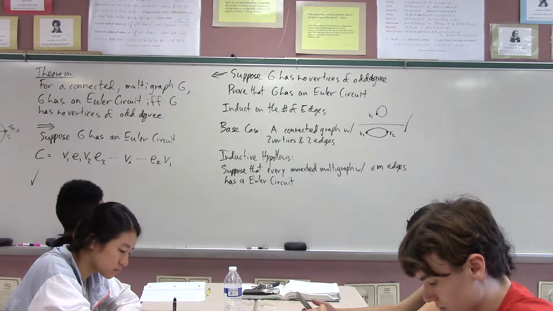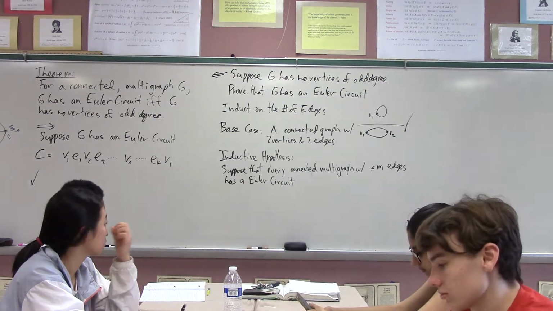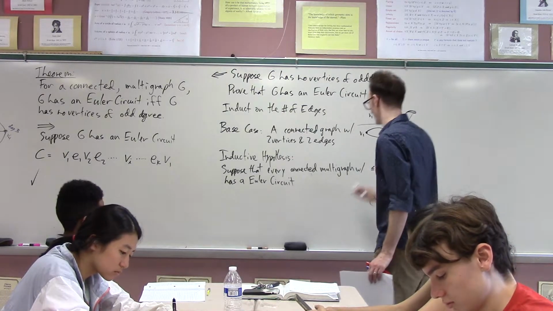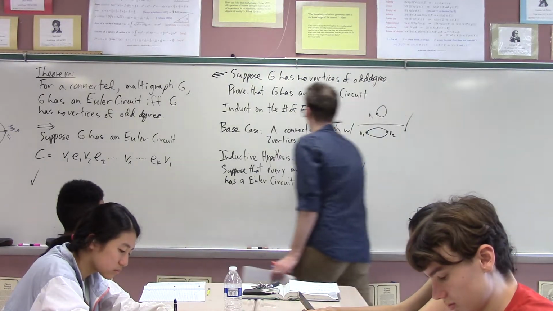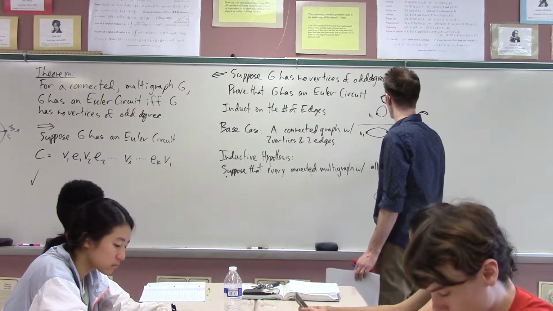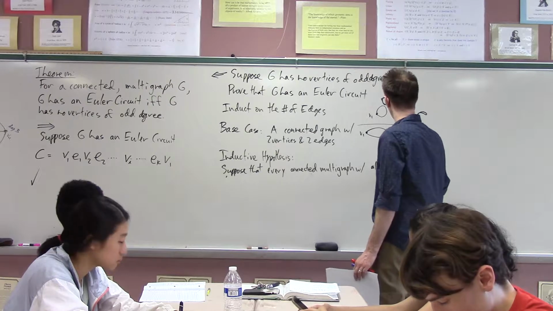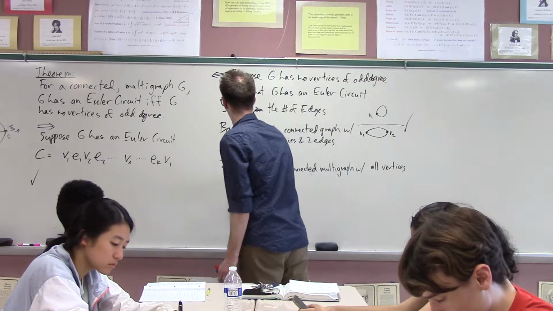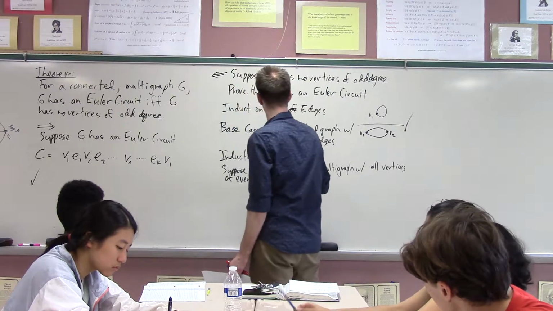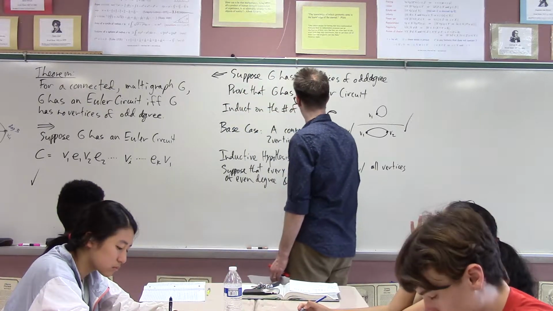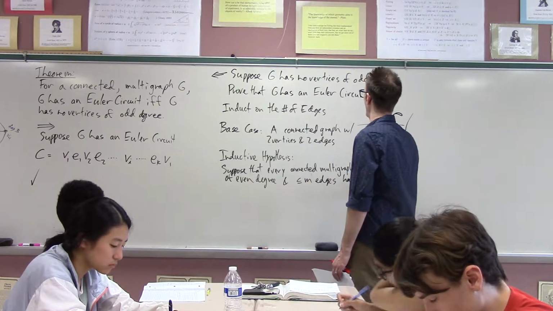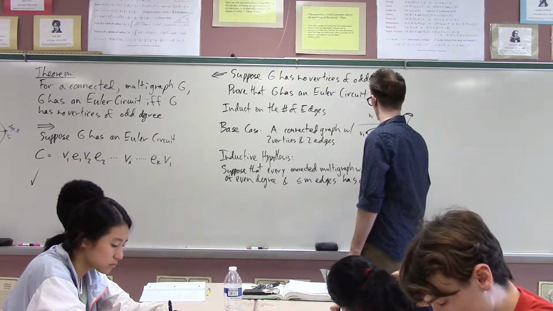Suppose that every connected multigraph with all vertices of even degree and less than or equal to m edges has an Euler circuit.